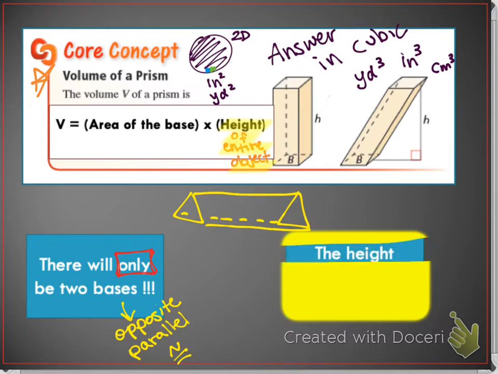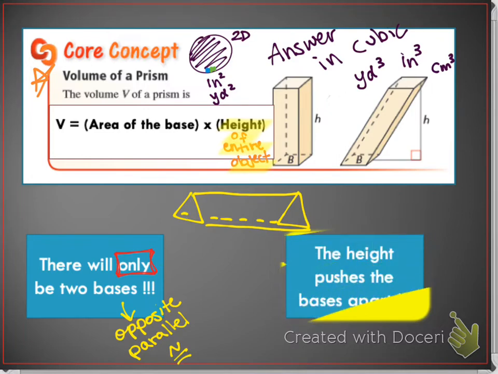The height is going to be what pushes your two bases apart. So the height in the Toblerone would actually be here. This would be the height of the entire object. It pushes the two bases apart.